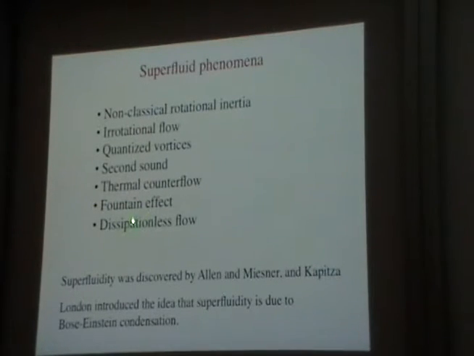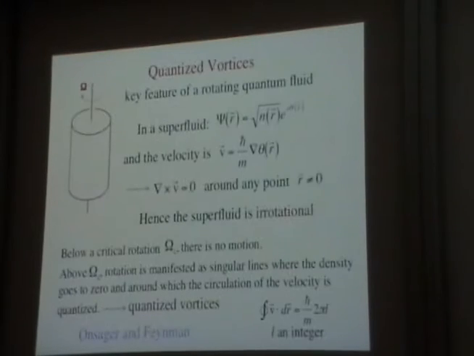There's the famous fountain effect, and dissipationless flow, or flow without friction, persistent currents. For example, in a superconducting loop, if you start a current going around, it basically flows forever. Superfluidity was discovered in helium by Allen and Misener, and Kapitsa, and then London, I think, was the first person to introduce the idea that superfluidity might be related to BEC.